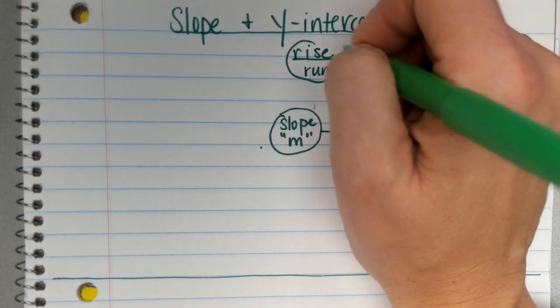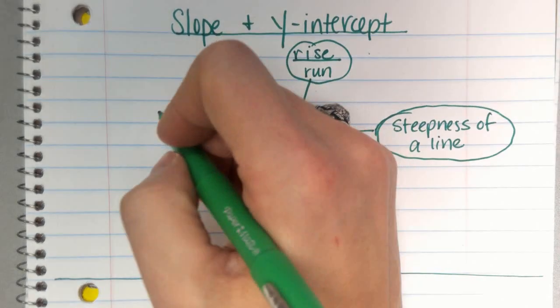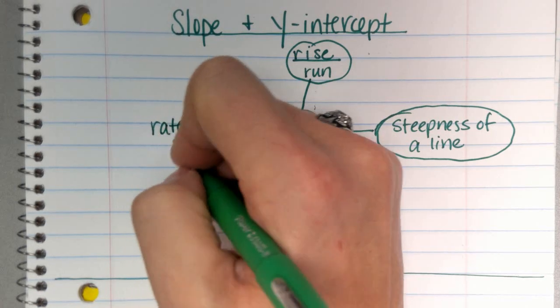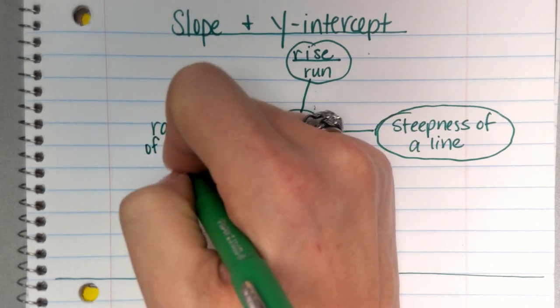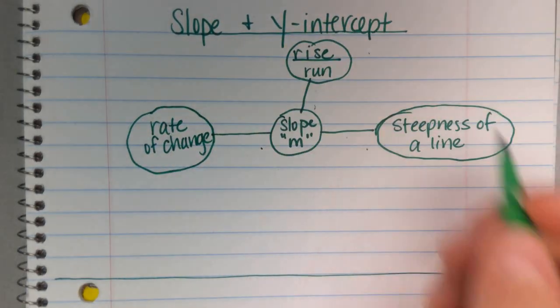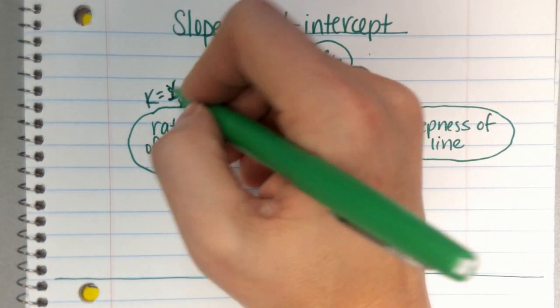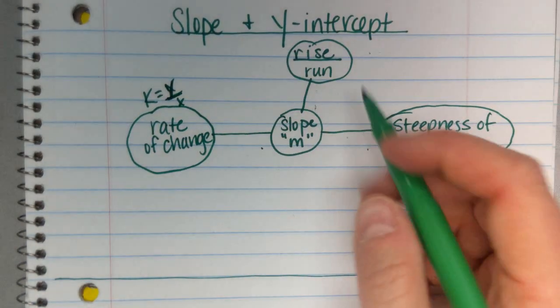We talked about that last night, and we're going to talk about that more tonight. We know that slope is also a rate of change. What we were doing last week with a constant rate of change, that k equals y over x, now transfers into slope, which is y over x.